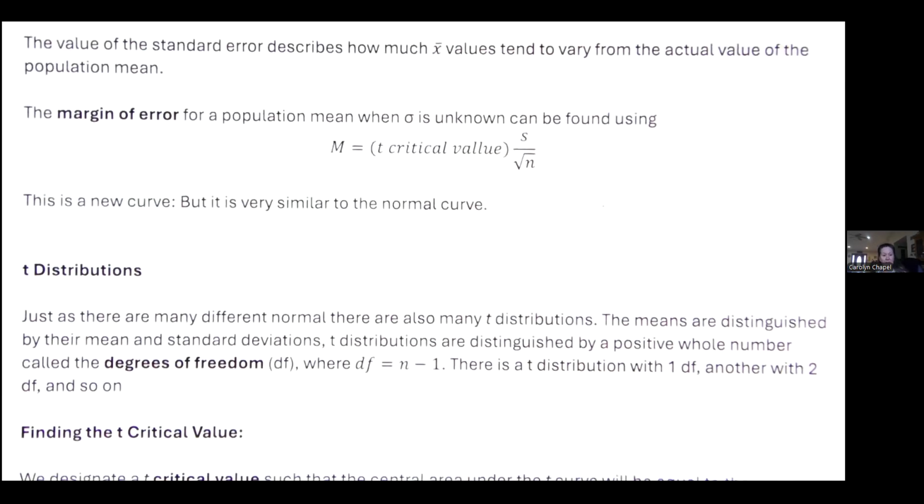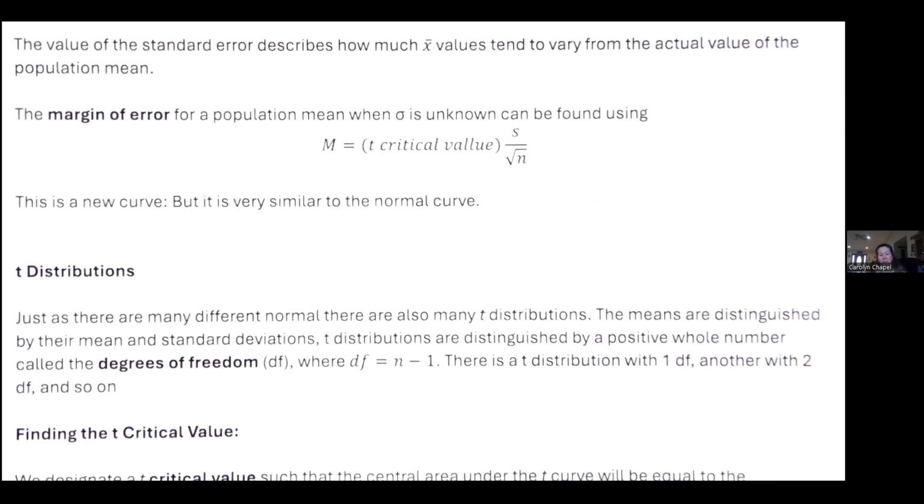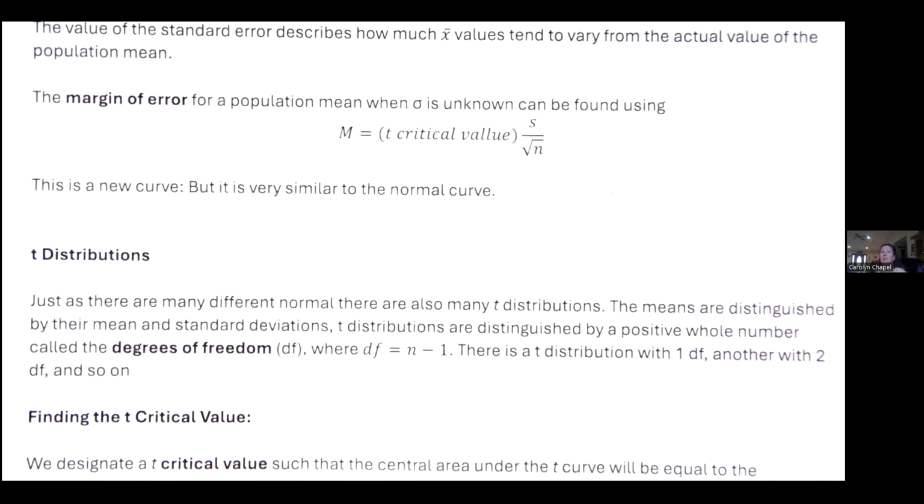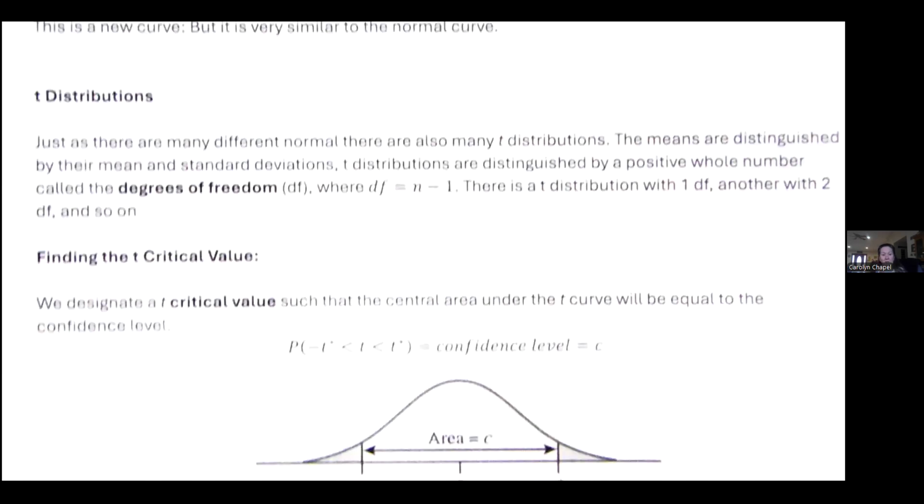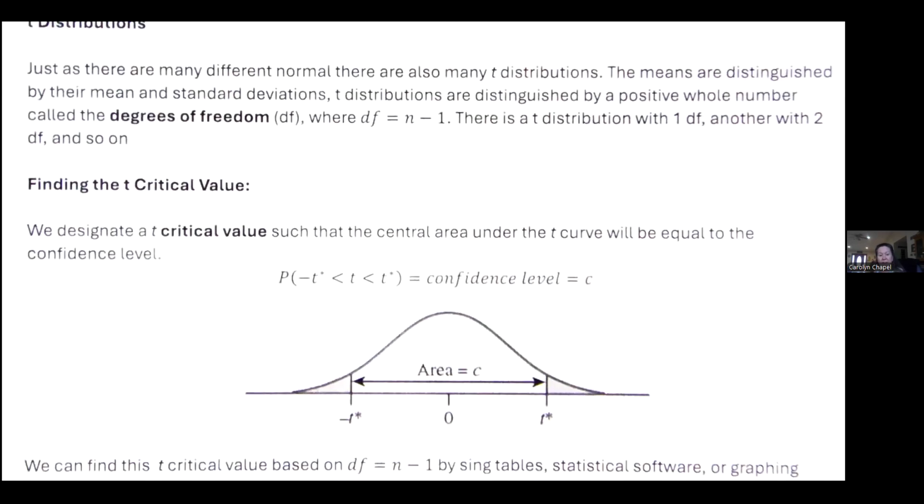We will be finding those critical values very similar to the way we do the standard normal z stars. However, remembering every single n value is going to have a different t star, so we're going to have thousands of different t stars. We can't create a simple table of them like we could for the z stars. But our t criticals are defined the same way.